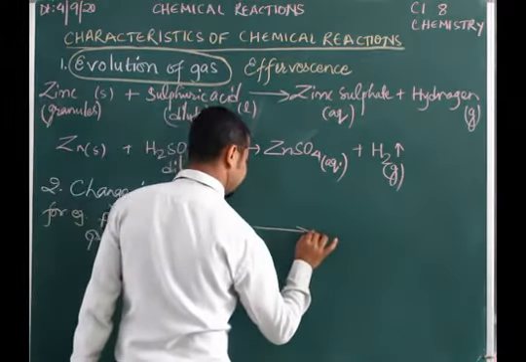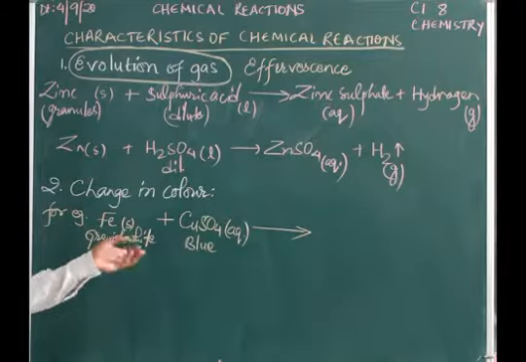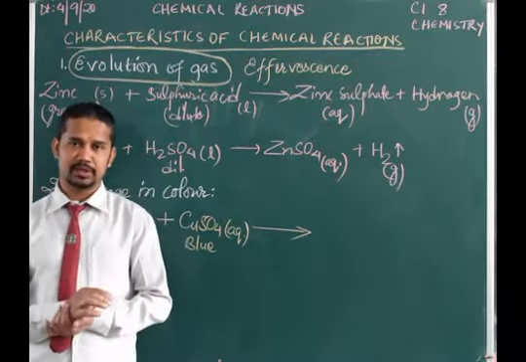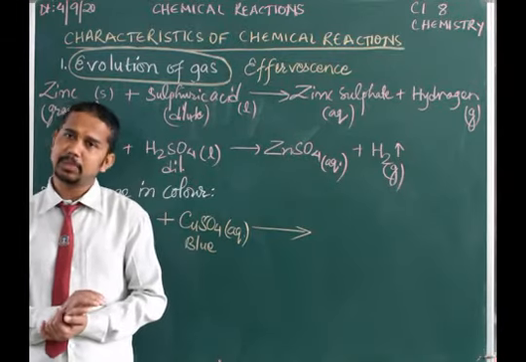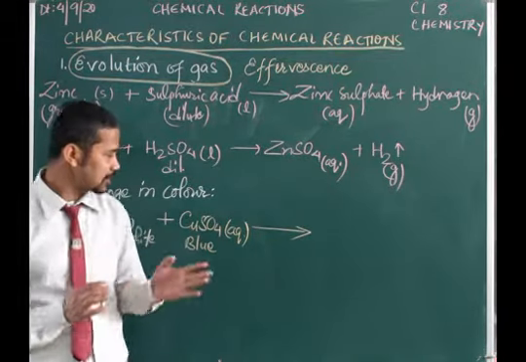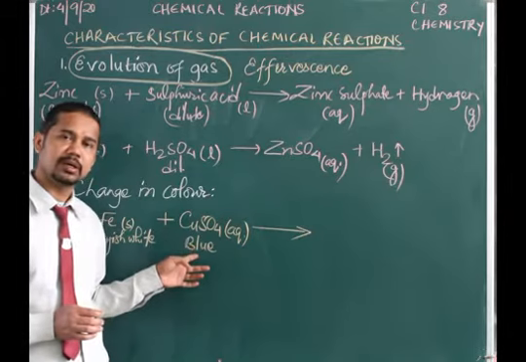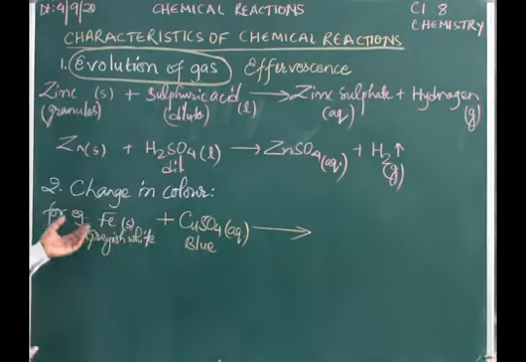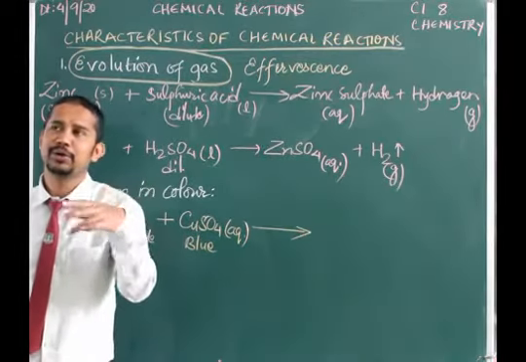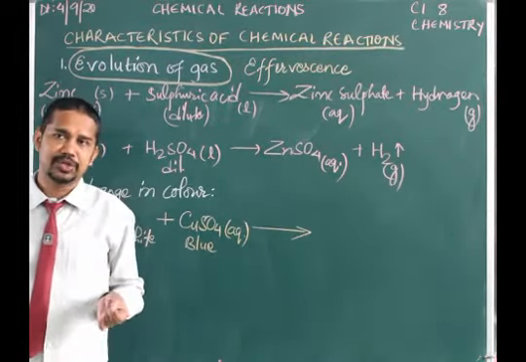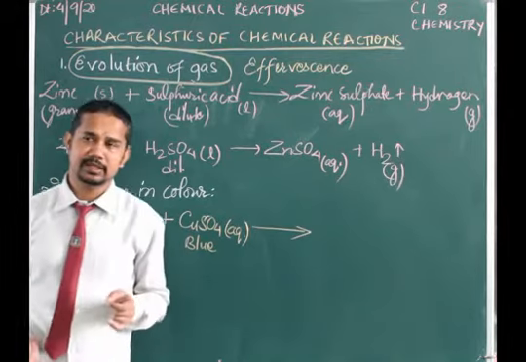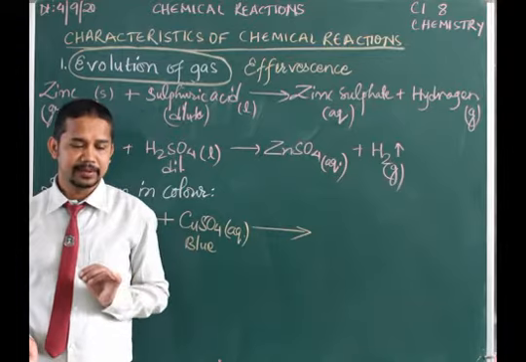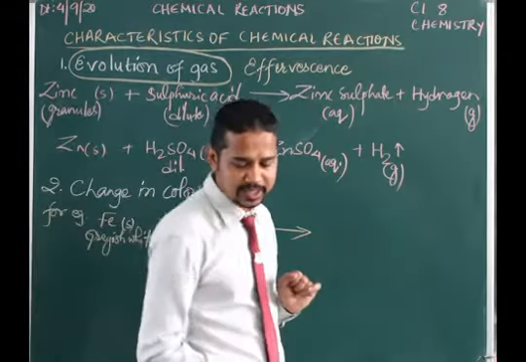First of all, take copper sulfate, then add it in water, then you will get copper sulfate solution, which is pale blue in color, and then you add an iron nail or fresh iron, which is grayish white in color.